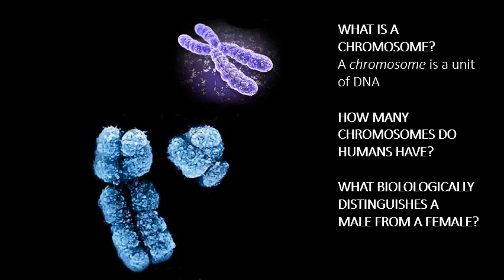So males, in contrast to females on that chromosomal level, have an X chromosome and a Y chromosome. X because it has that X-type shape, and Y, you'll note, is notably smaller than the bulkier information that the X chromosome has.